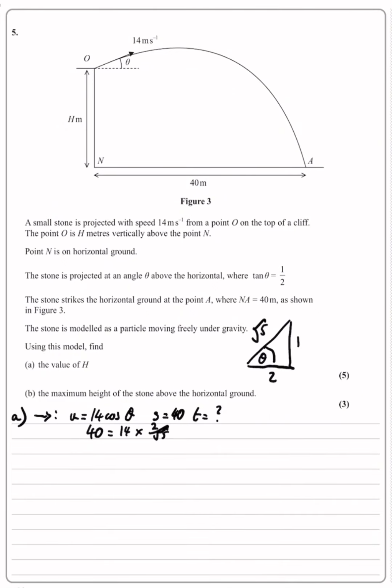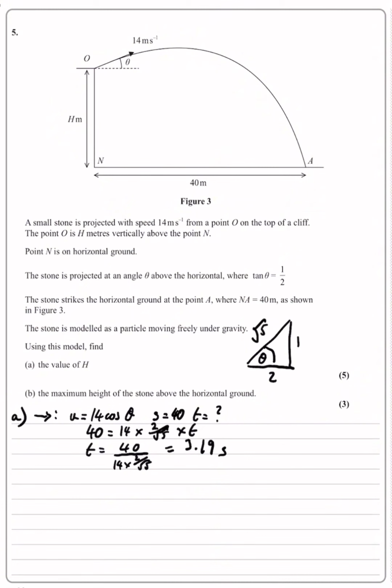Therefore, cos theta is going to be 2 over root 5. It's going to be that many lots of t. So to find t, we can divide 40 by 14 lots of 2 over the square root of 5. And that comes out as 3.19 seconds.